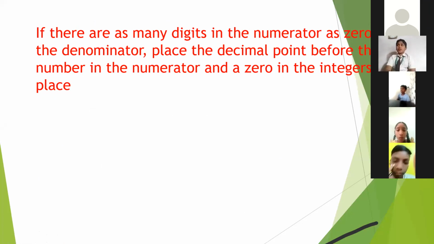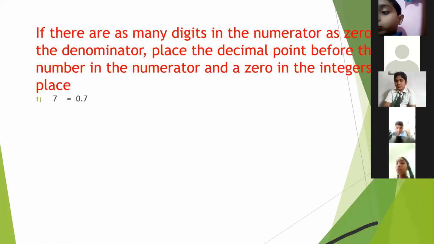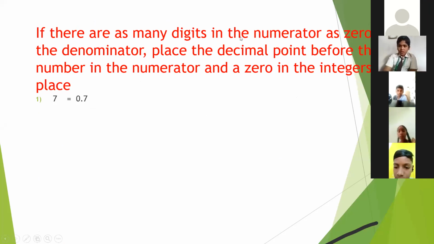If there are as many digits in the numerator as zeros in the denominator, see here, place the decimal point before the number in the numerator and a 0 in the integer's place. See, we will understand with the help of this example. At the top, in the numerator, only 7 is here, and in the denominator, 2 digits are here.